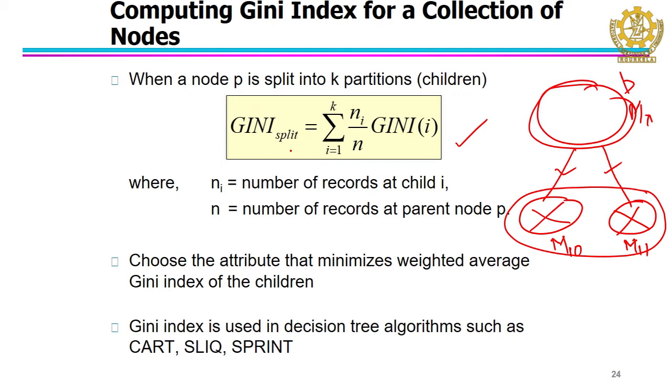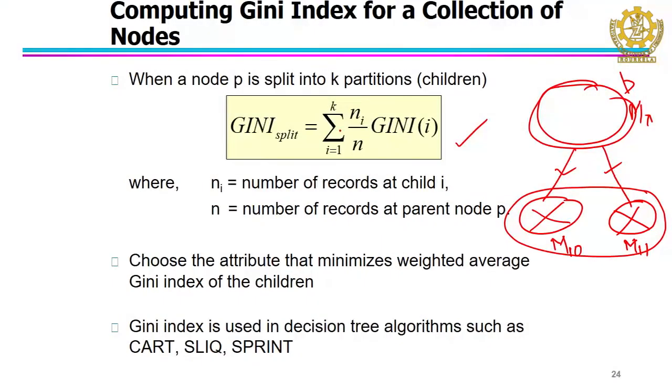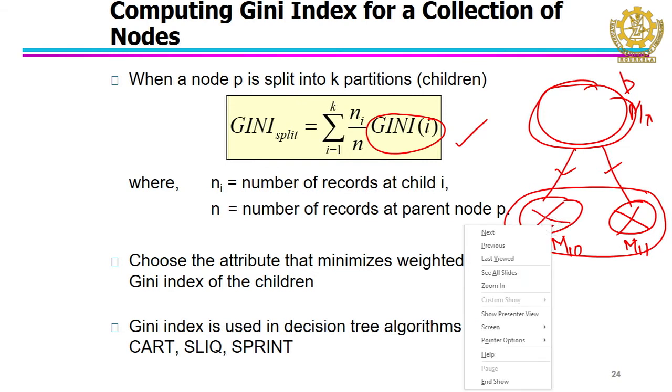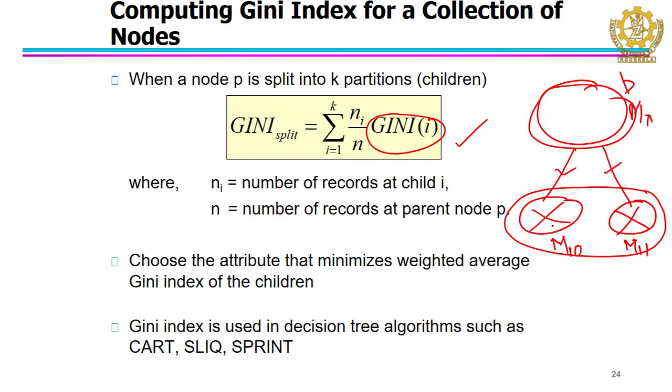The combined Gini, that is the Gini at the split, will be a summation over the number of branches from the node. The number of branches in this example is 2. If it is K, then you compute the Gini of the individual node and then you take the weighted sum.